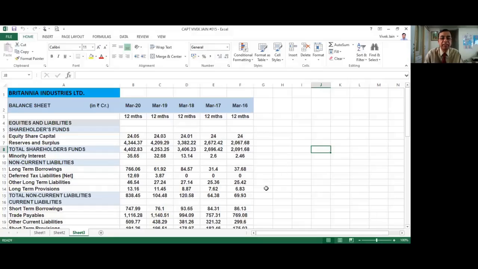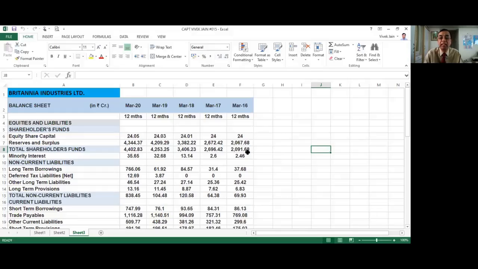And you see in the balance sheet here, the equity share capital is 24 crores. It has been more or less the same for the past 5 years. Reserves and surplus are still quite substantial, 4,344 crores. So the total shareholders fund becomes 4,402 crores. And you can see from 31st March 2016, this has nearly doubled.